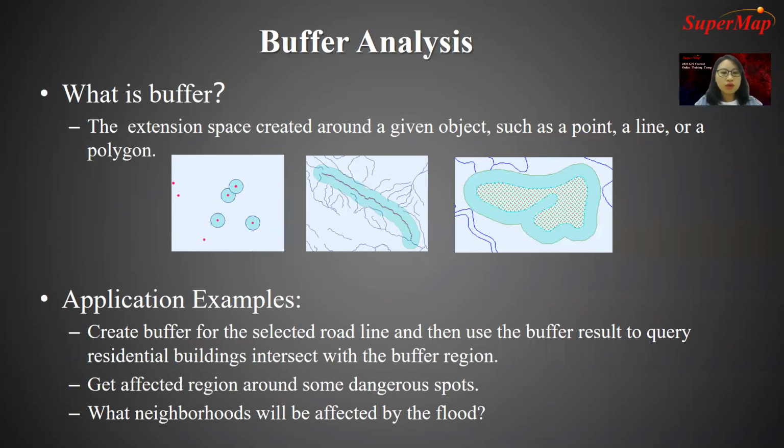For example, if you want to extend a road and you want to know which houses are affected by the road expanding, you can use buffer analysis to analyze the road and set a certain width, and then find out the houses that intersect with the road.